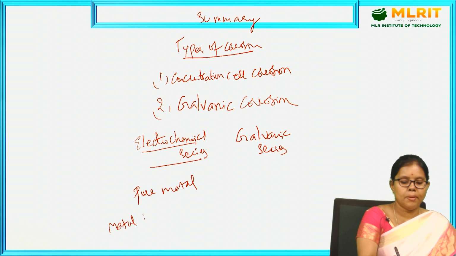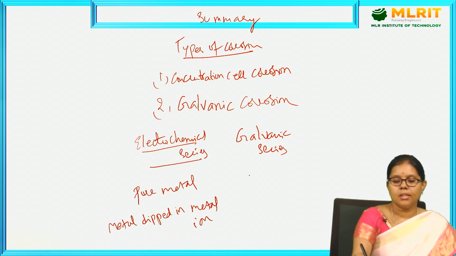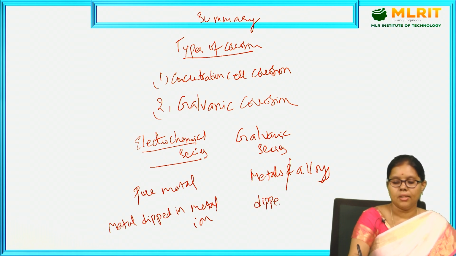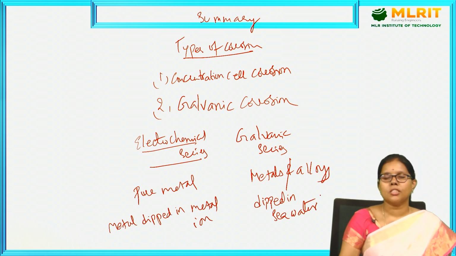Metals are dipped in metal ion solution. Here, metals and alloys are dipped in unpolluted seawater. Based on the reduction potentials, we see whether they undergo corrosion or are protected.